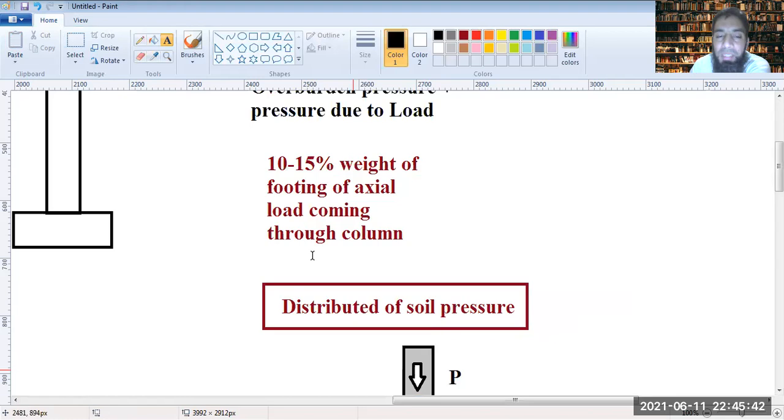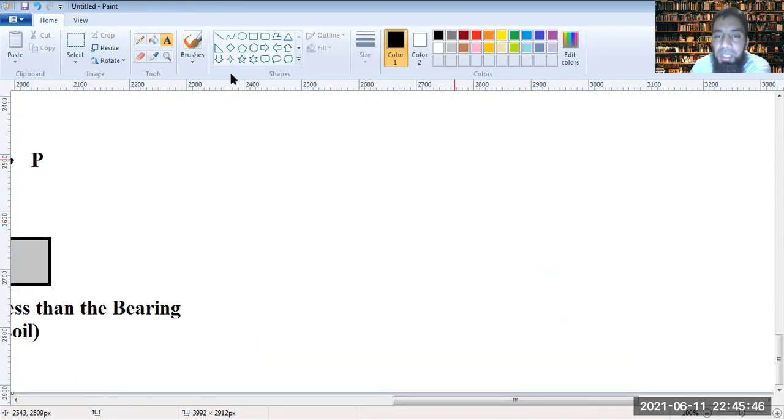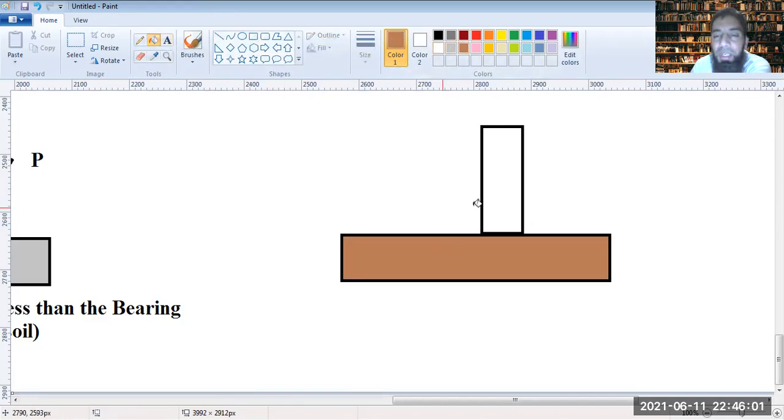Now, this was a case when the soil was being loaded concentrically. What would happen if the soil was being loaded eccentrically like this? For example, you have a column, in this case at one end. It's not concentric.